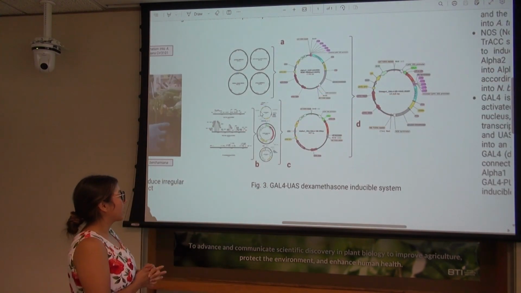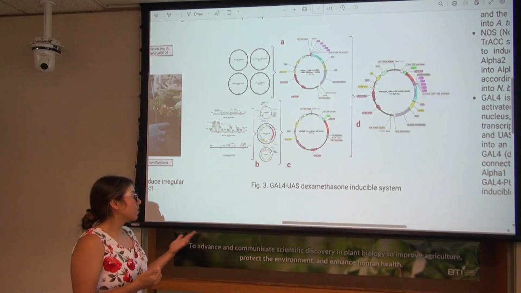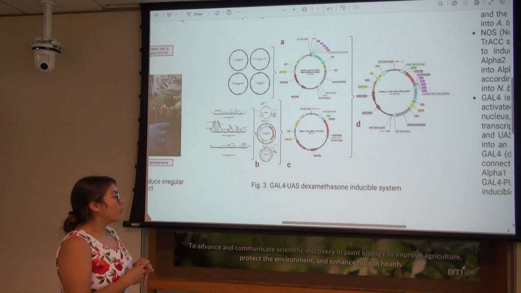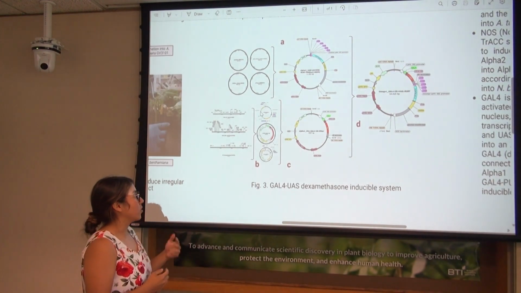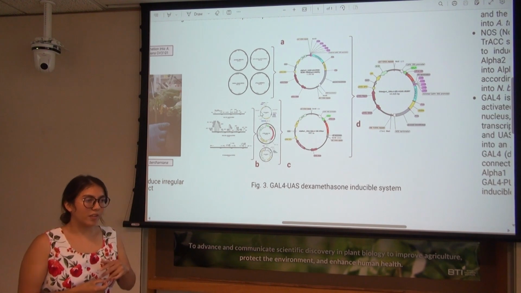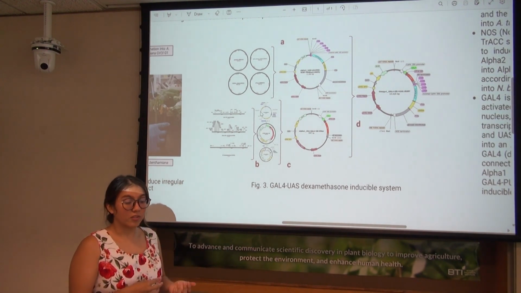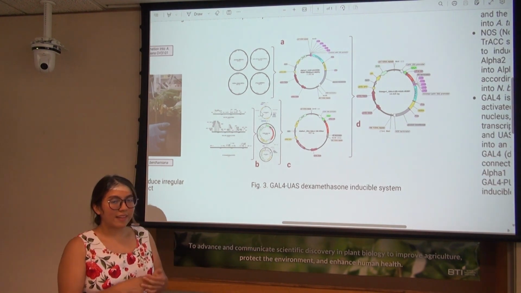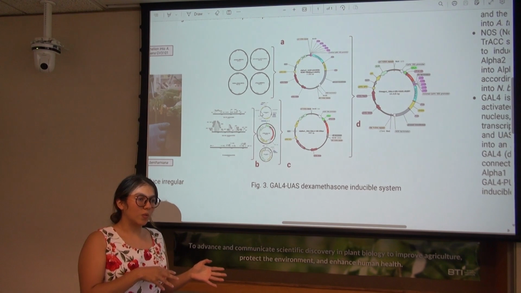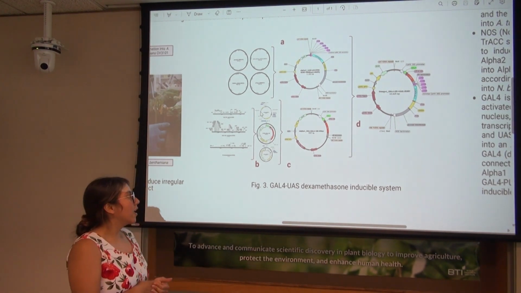Another of our objectives was optimizing the inducible system. Here we were optimizing the GAL4 UAS inducible system, which uses dexamethasone. This system works because GAL4 is bound to the glucocorticoid receptor, but in that case GAL4 can't go from the cytoplasm to the nucleus to start the transcription.